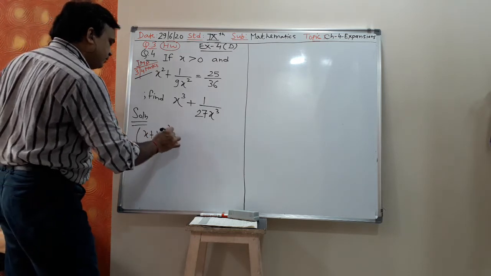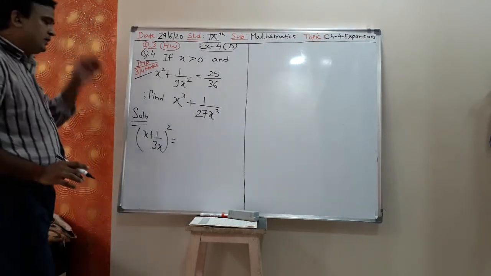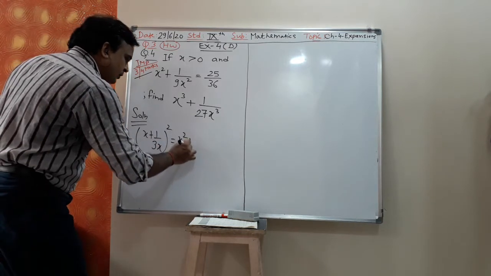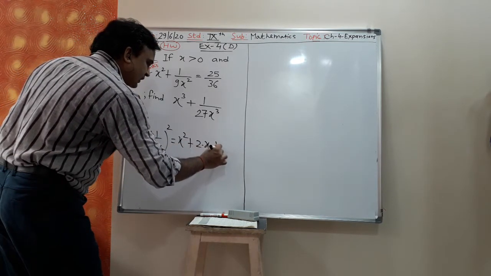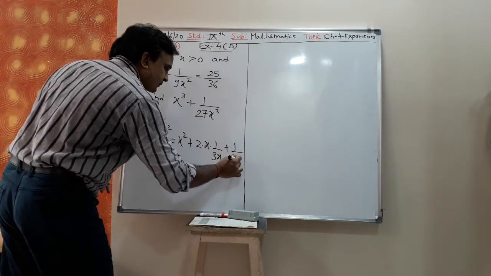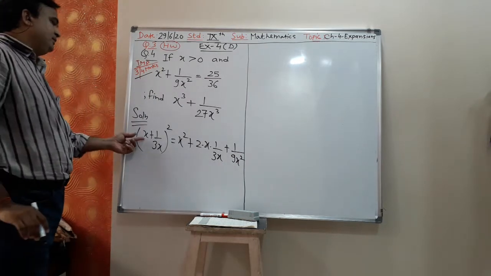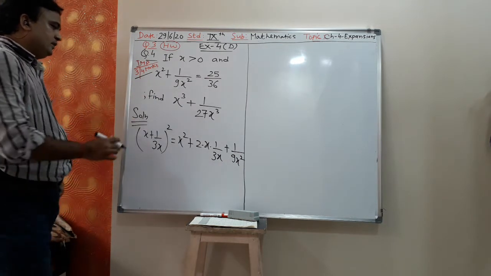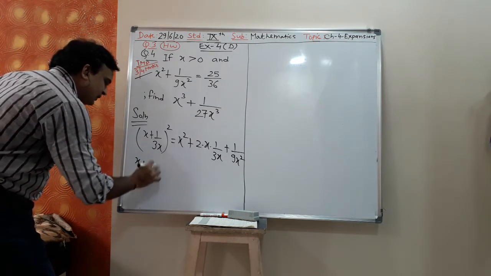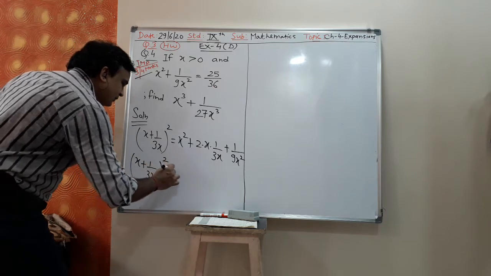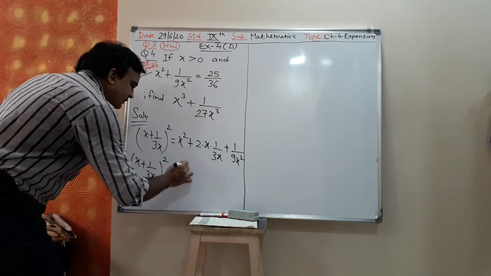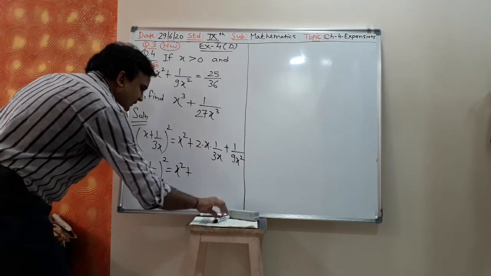Use the formula: a plus b whole square is a square plus 2ab plus b square. So x plus 1 upon 3x whole square is x square plus 2 into x into 1 upon 3x plus 1 upon 3x whole square, which is 1 upon 9x square. First we have to find x plus 1 upon 3x.